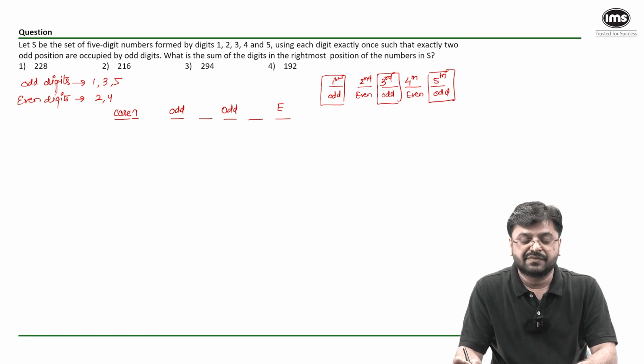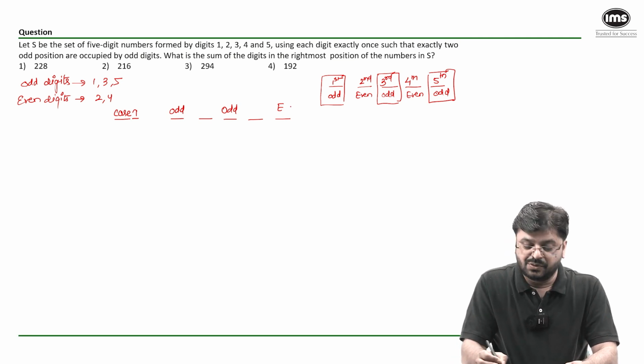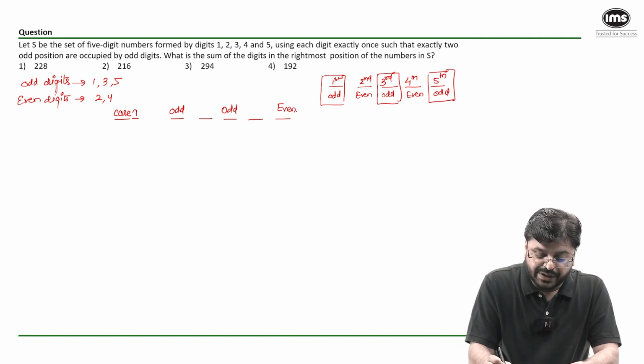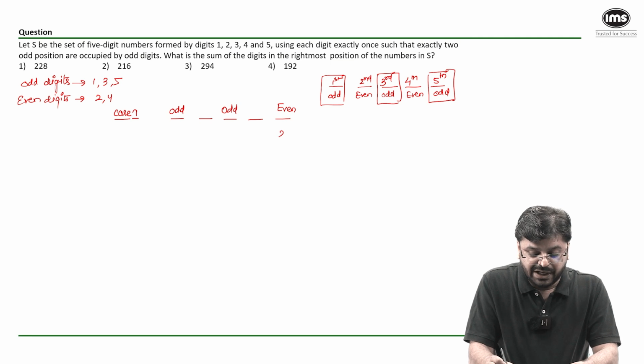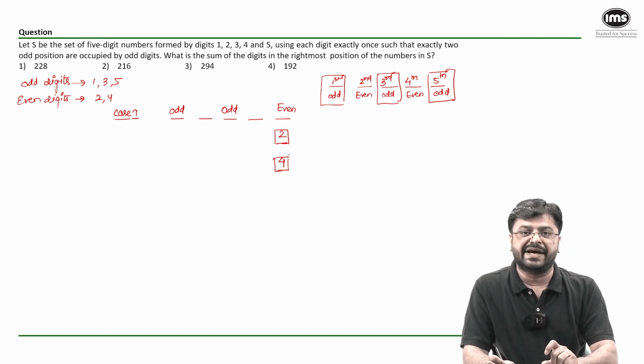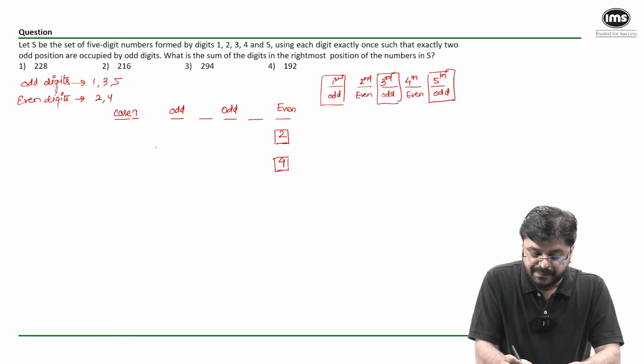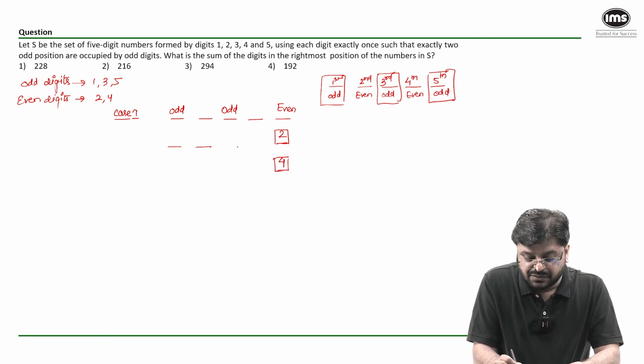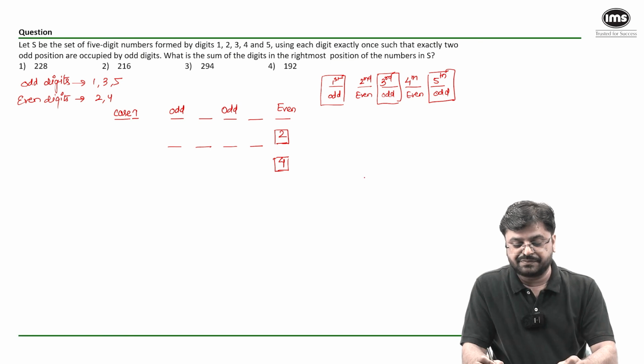Okay. How many even numbers do I have? 2 and 4. So either I'll place 2 here or I place 4 here. If I keep 2 here, I just need to check for how many cases 2 will stand here at unit place. So since it is a 5-digit number, let's find the other 4 digits.